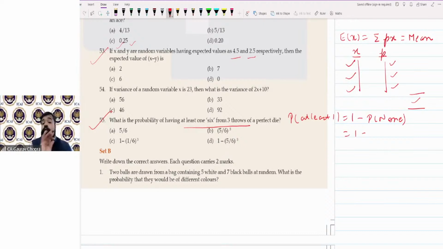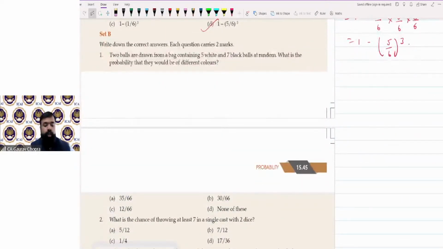None means not getting number 6. So the chances of not getting number 6 are 5 by 6 on the first dice, 5 by 6 on the second dice, and 5 by 6 on the third dice. So it will become 1 minus (5 by 6) whole cube. Option number D. So in this way, you will get the answer.